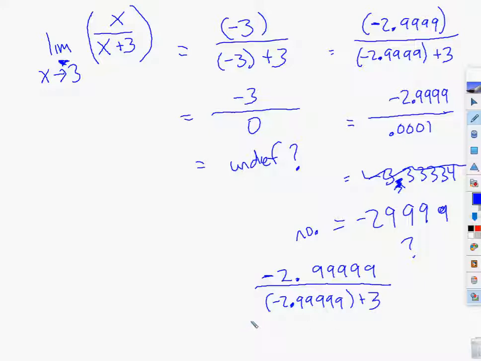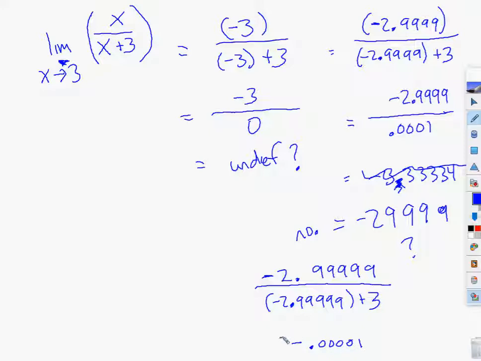Alright, so we'll put that in and just see what happens. 5 times, right? And then add my 3. And then I get 0.00001.